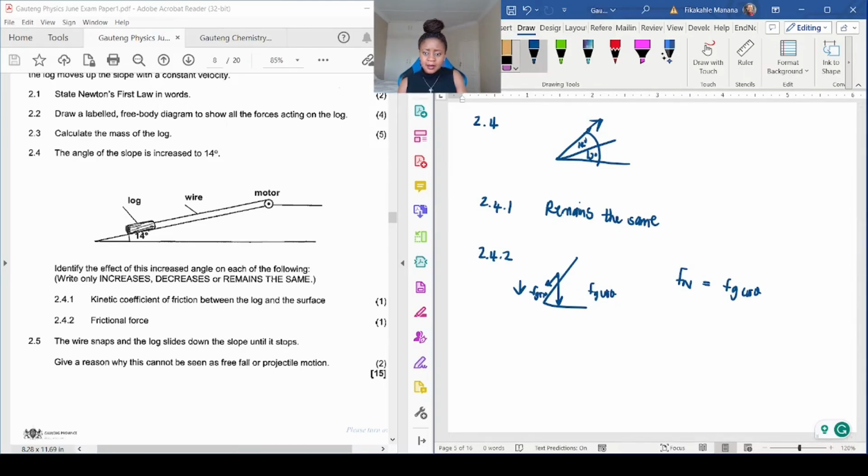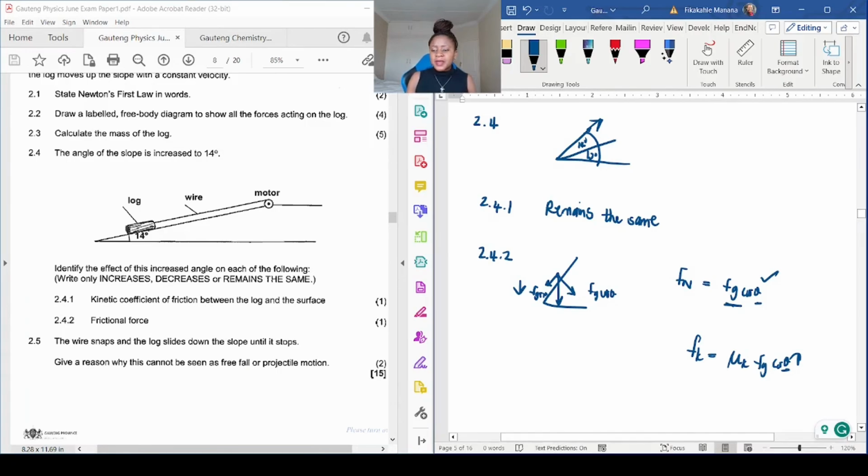When you now increase the slope, Fg remains the same, but you have increased your theta. So Fg remains the same, but cos theta has decreased. So we are expecting our friction force to actually increase in this case. And I hope that makes sense.